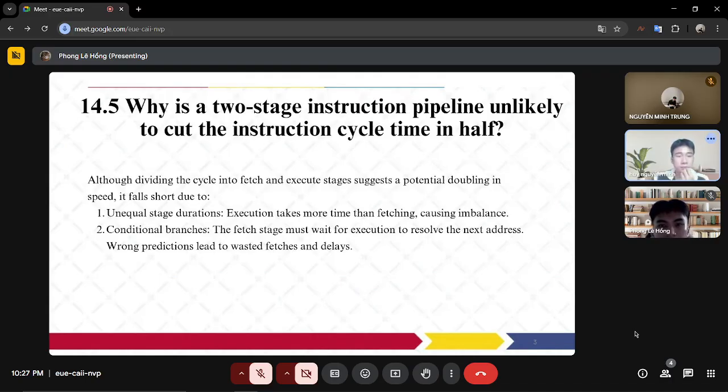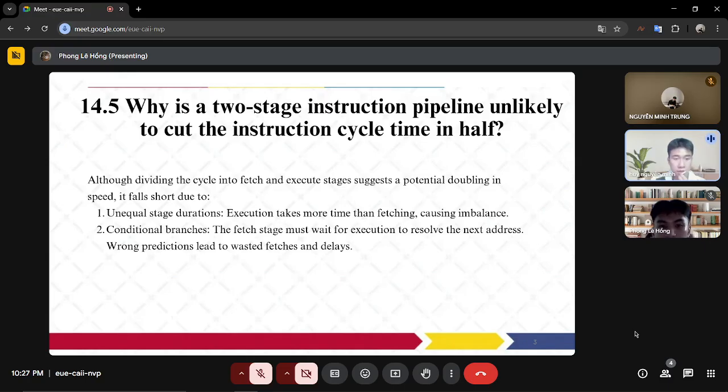14.5. Two-stage instruction pipelining could cut the instruction cycle time in half, although dividing the cycle into fetch and execute stages has a potential doubling in speed. It falls short due to: 1.